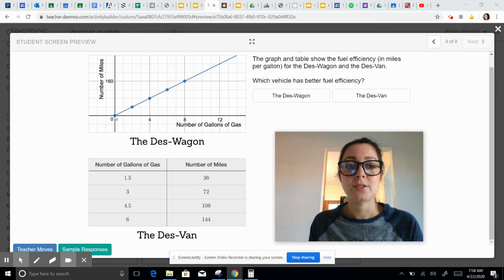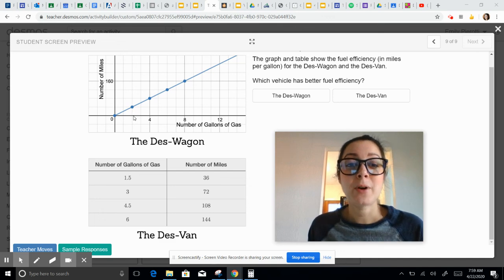In this case, you would want your line to be in the middle, or actually, I'm trying to think off the top of my head. You would want more mileage for less gas. The Deswagon is saying that for 4 gallons of gas, you can go about 80 miles.